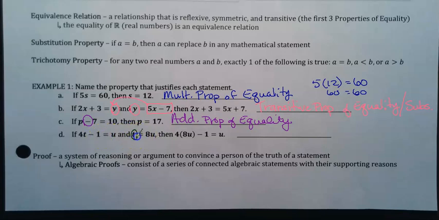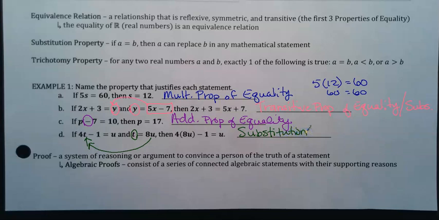Now all of a sudden we have 4 times 8u instead of 4 times t. So they took this 8u and put it in for t, and then they kept the rest: minus 1 equals u. What property do you think that is? Good. That one is very clearly substitution. It is not transitivity.